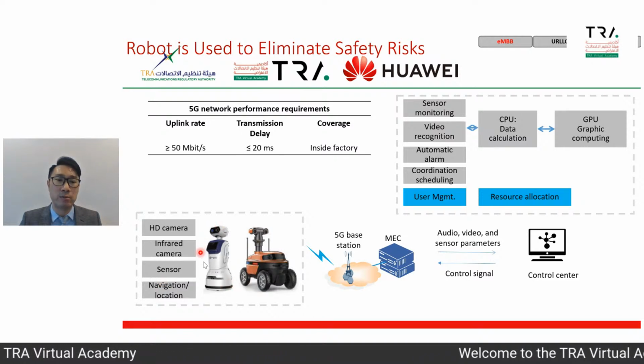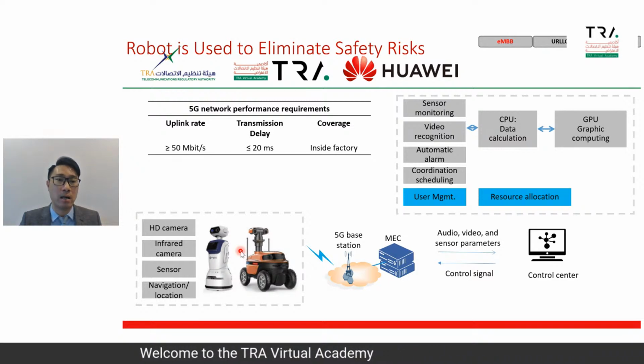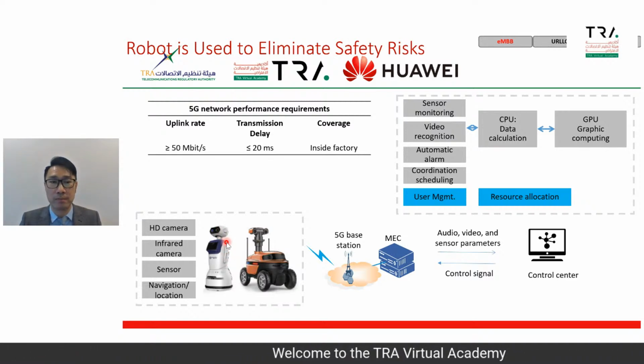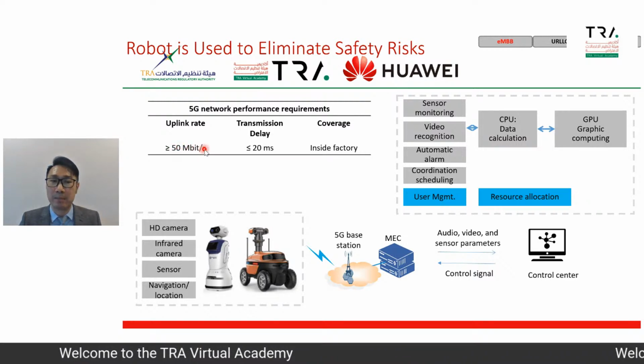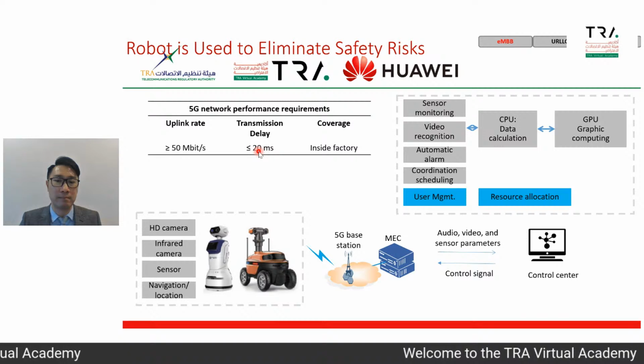They will patrol the factory campus automatically, and you can reduce the security guards needed. This would be automatically performed by robots, and it requires an uplink rate of 50 megabit per second and a transmission delay of less than 20 milliseconds.